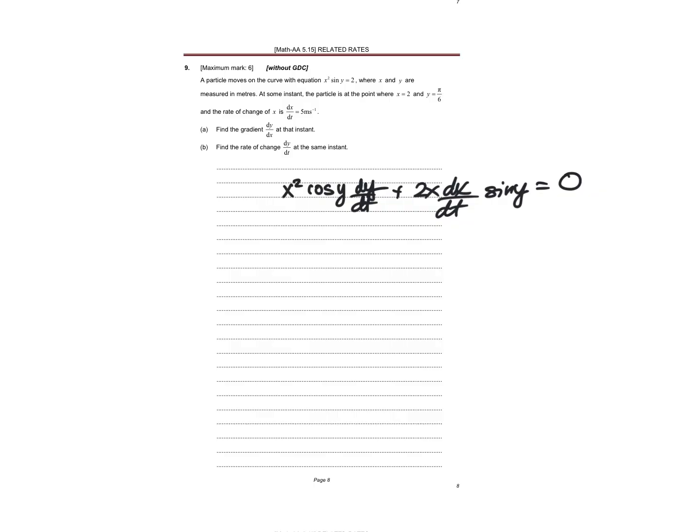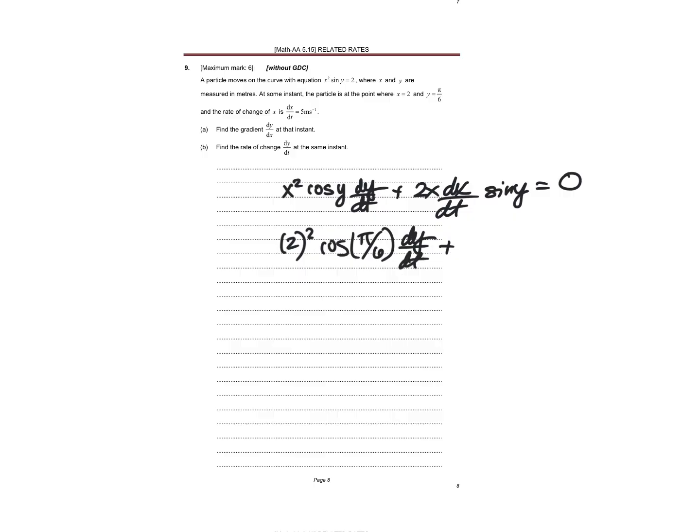So now we've got 2 squared cosine pi over 6 dy/dt, which is what we're looking for. Oh, dy/dt. We're looking for dy/dx. We'll deal with that in a second.